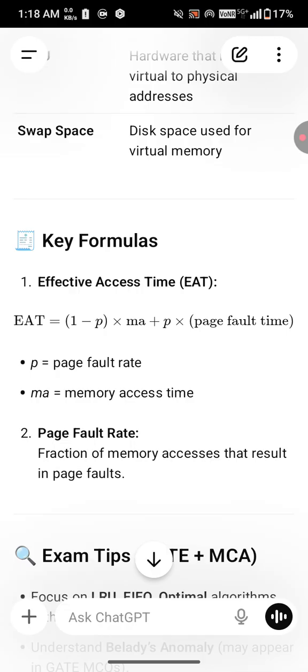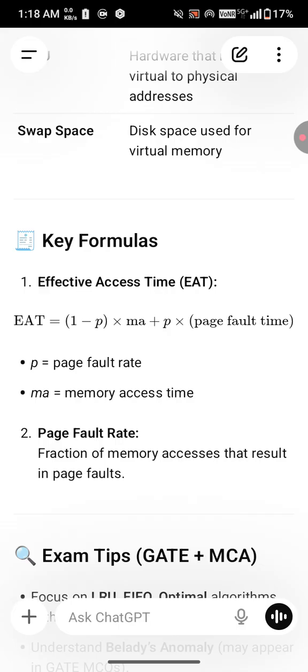Key formula: effective access time, EAT, equals (1 minus P) times MA plus P times page fault time. Here P is the page fault rate, MA is memory access time, and EAT is effective access time.